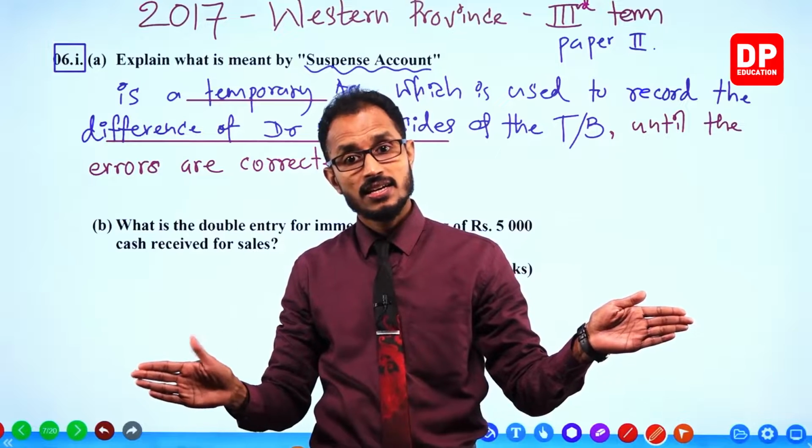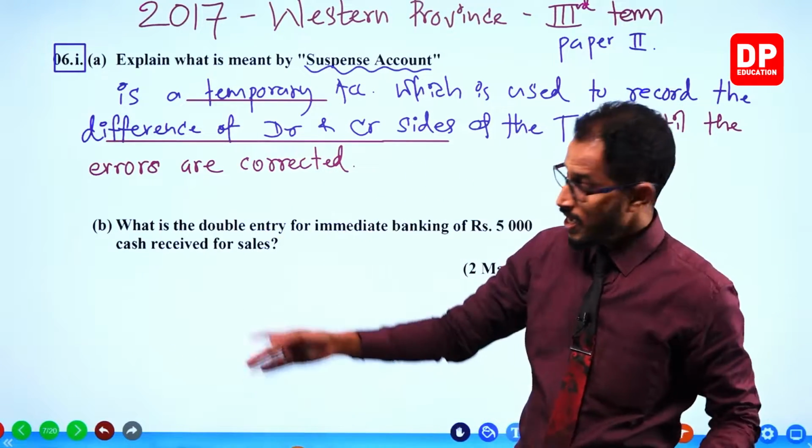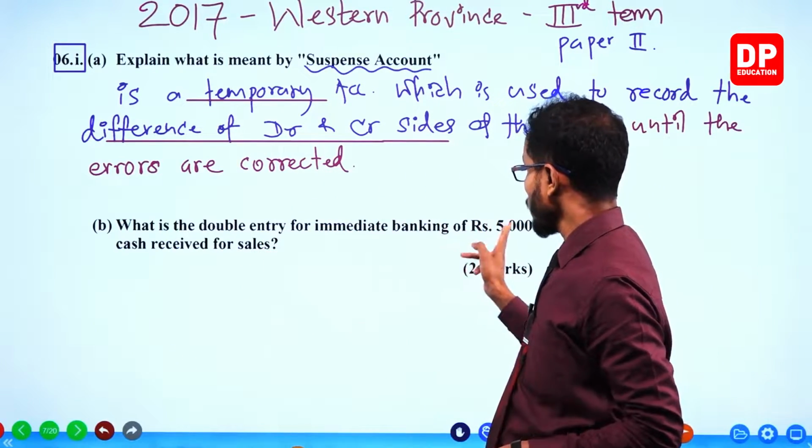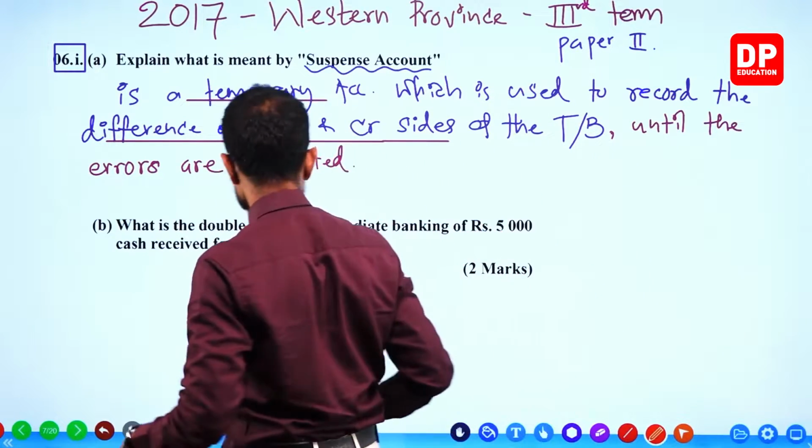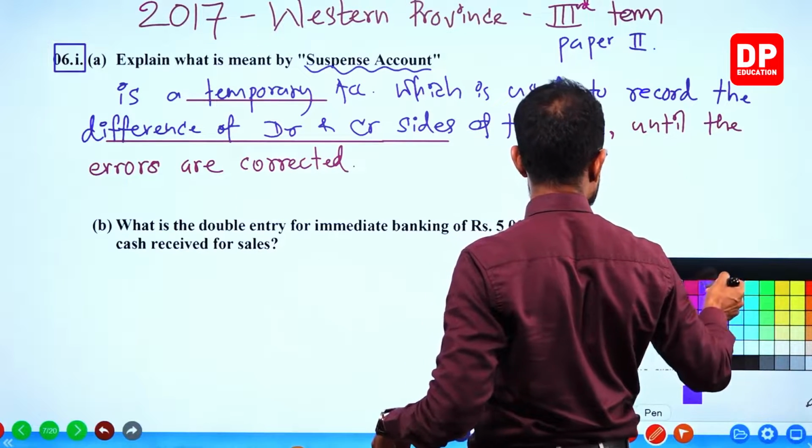But here, what are they saying? Immediate banking of 5,000 cash received for sales. You don't get the cash in your hand; the cash is going immediately to the bank.